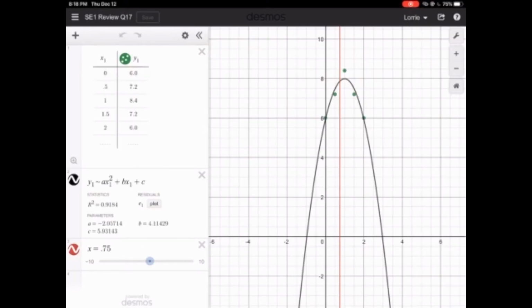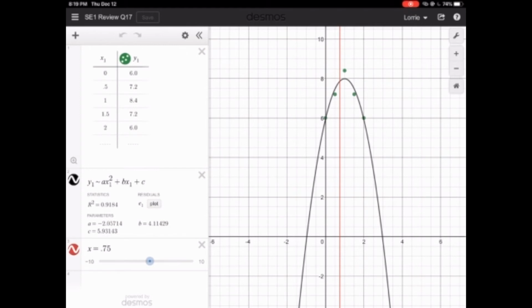For the table, you get it by doing the plus sign and then selecting table, and put in your x's and y's. We want to make this a quadratic because we know we go up and then down. And so we want to do the standard form of a quadratic, which is y equals ax squared plus bx plus c. Remember on Desmos, there's a couple of little funny things where you have to do the y1 and x1 just like your table, and you want Desmos to give you the approximation or the answers for your a, b, and c.